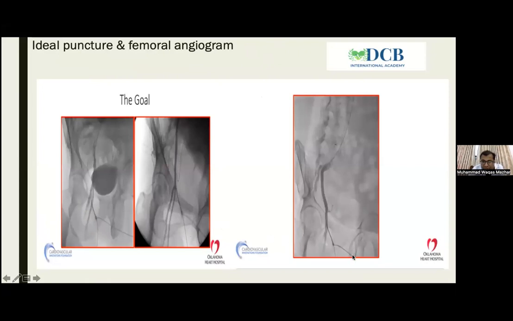Then we take a simultaneous injection of the common femoral artery in the aerial view to look for any false passage of the wire or any hematoma starting after the sheath insertion. At the end of the procedure, you can see a collection of the dye within the urinary bladder, but there is no indentation of the bladder.